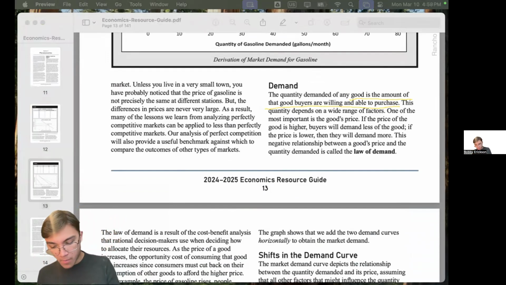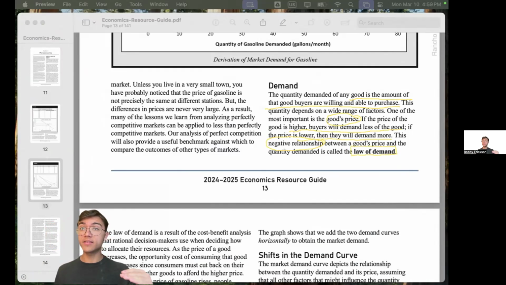Well, one of the most important is the good's price. If it's higher, then buyers will demand less of the good. If it's lower, then they'll demand more. This negative relationship is called the law of demand. If the price goes up, people will demand less.